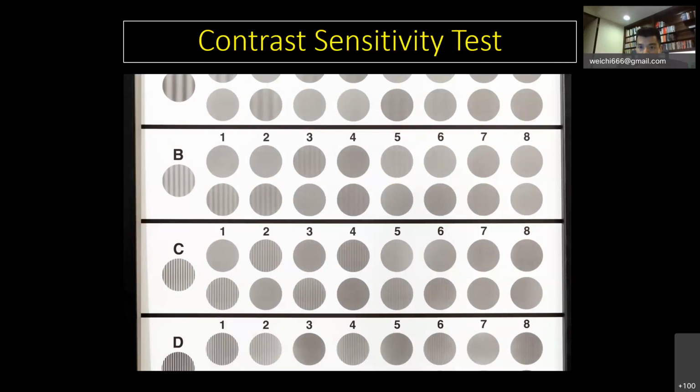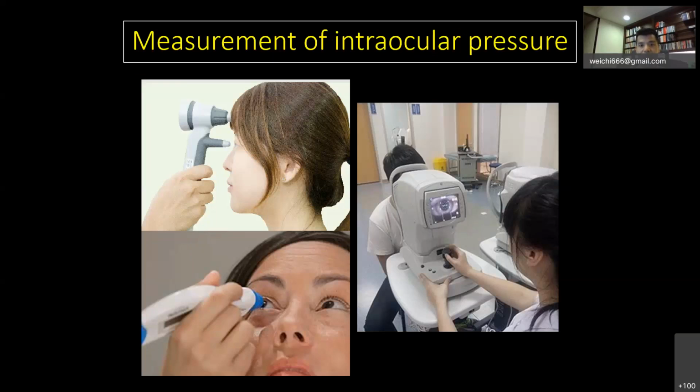So if the patient has good vision but still complains that he could not see objects well, you could perform other tests, for example a contrast sensitivity test, to see if the patient has a problem of contrast sensitivity or not.